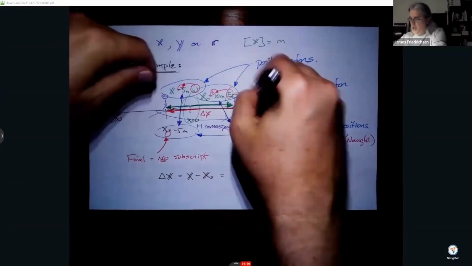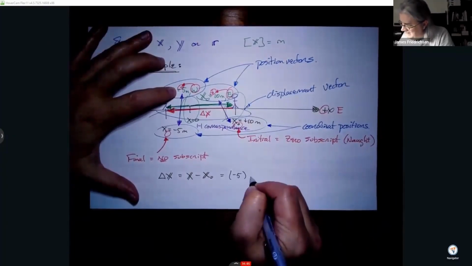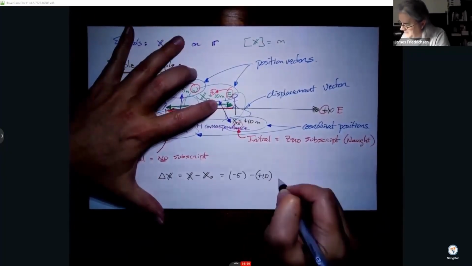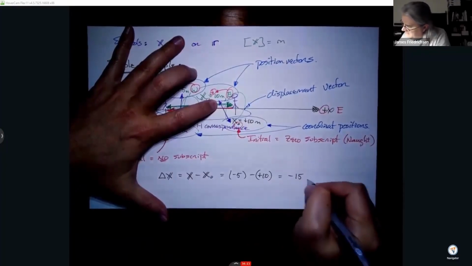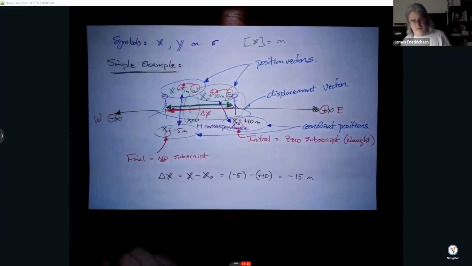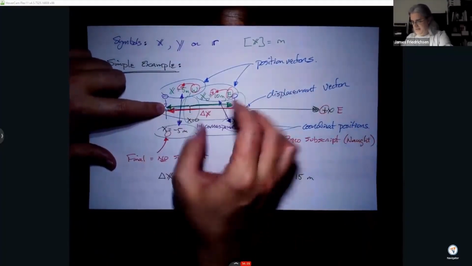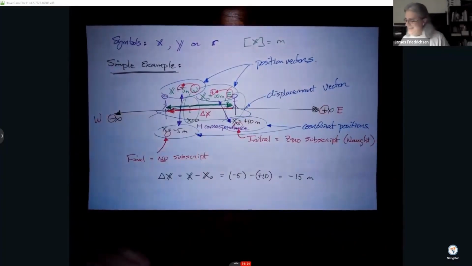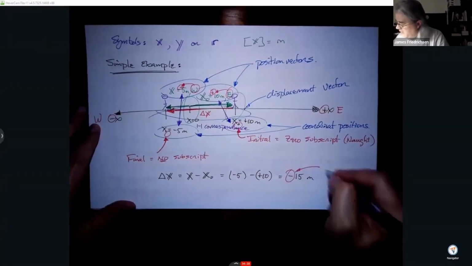Since these are coded into the coordinate system, this is going to be our -5 meters minus our positive 10 meters. And -5 minus positive 10 is -15 meters. The magnitude here is 5 plus 10, which is indeed 15 meters long, and it points left. Left is negative, and so in our coordinate system, this tells us that this is west.